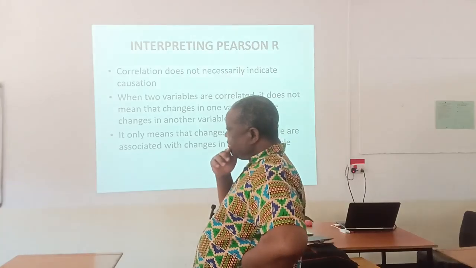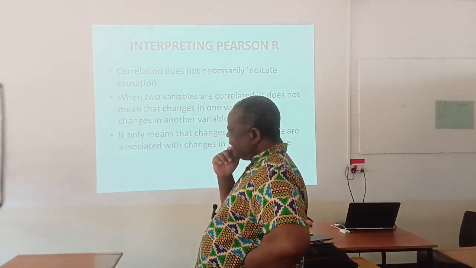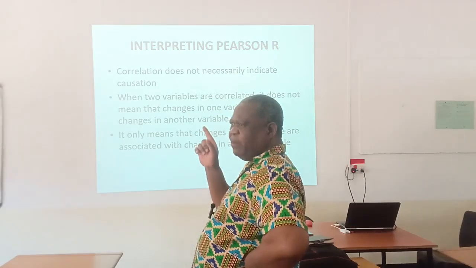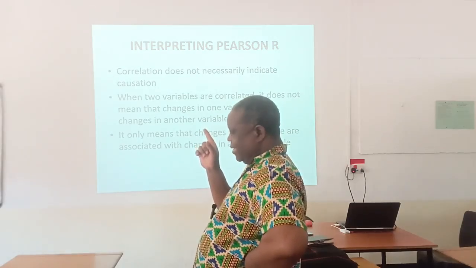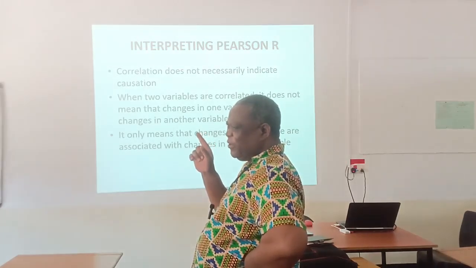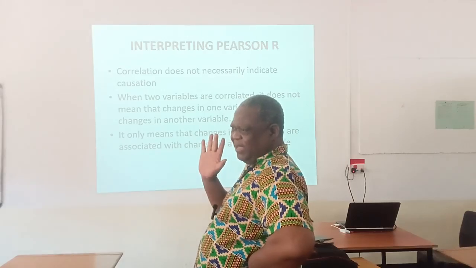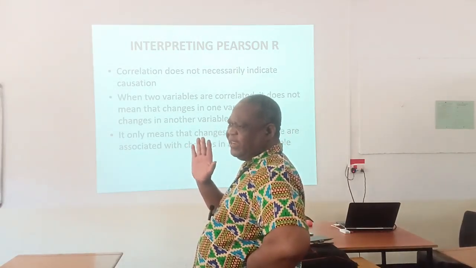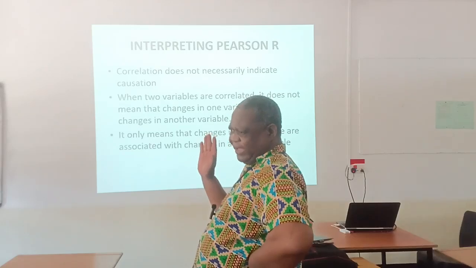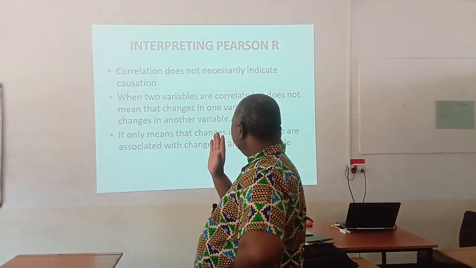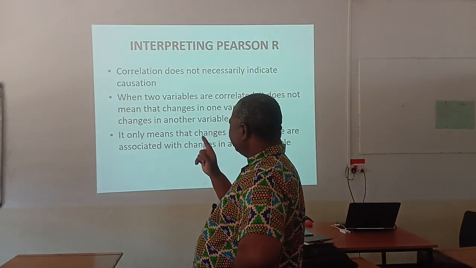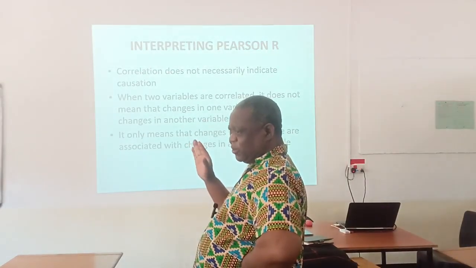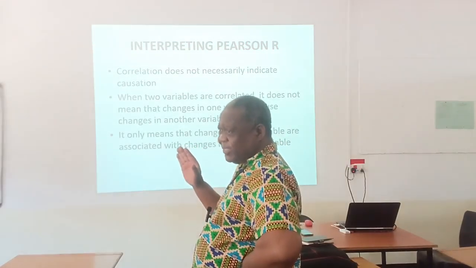What I'm saying is, you should never say that variable X is causing variable Y. What the correlation coefficient is simply telling you is that variable X is strongly related to variable Y. So the most you can do in interpreting correlation coefficients is to talk about the association, not causation.